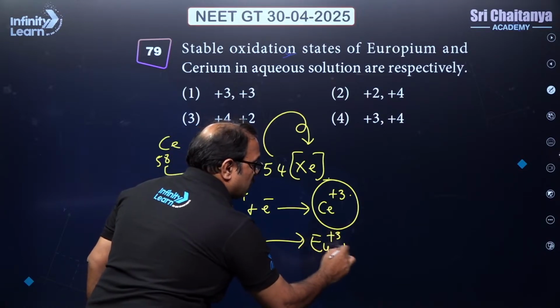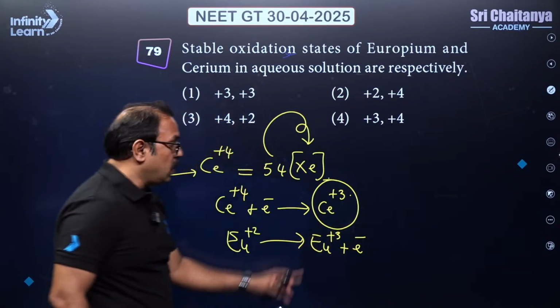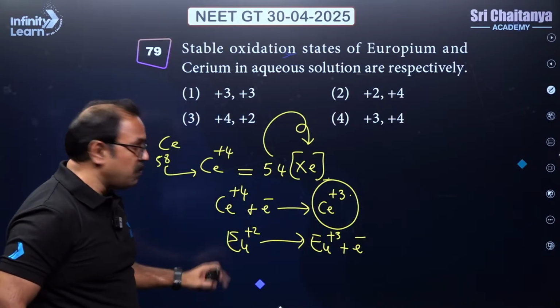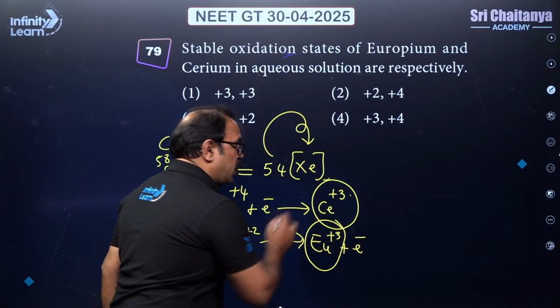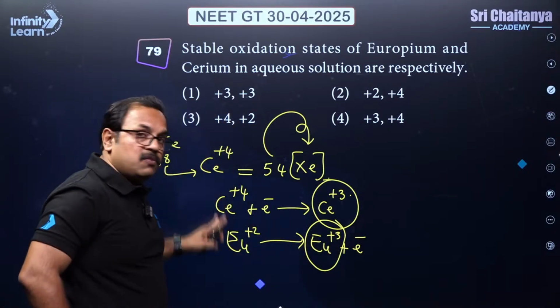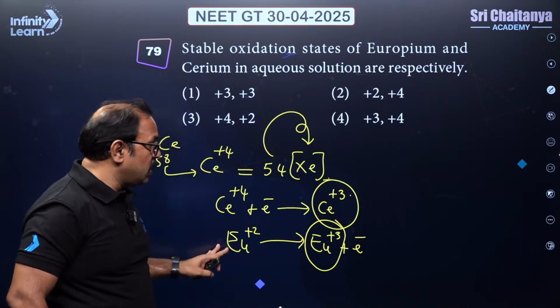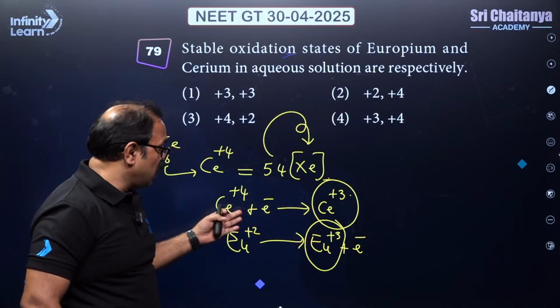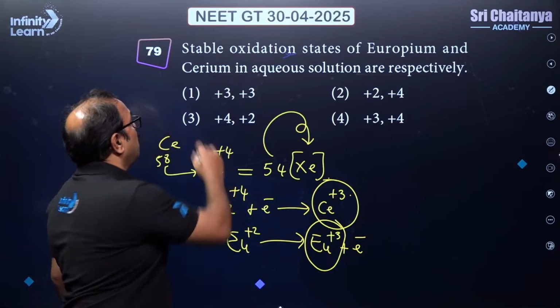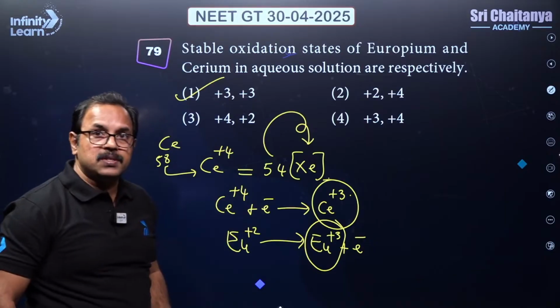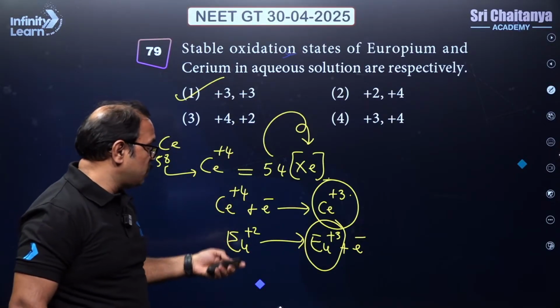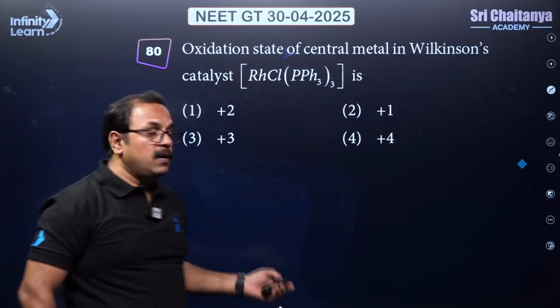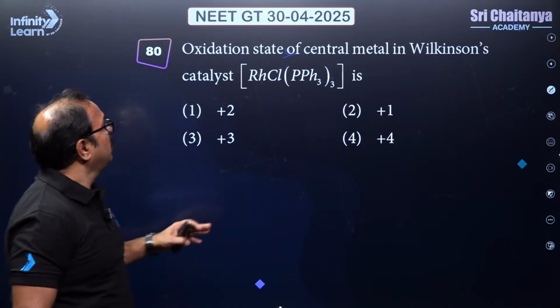In this case, it will have this and attain +3. It has a stable configuration, but still it loses one electron because +3 emphasis is so high in these members. Even if they have stability individually, they still tend to attain the +3 form either by gaining electron or by losing electron. So +3 is a common oxidation state that can be presented in this form. So keep an eye on the configurations and stability part.